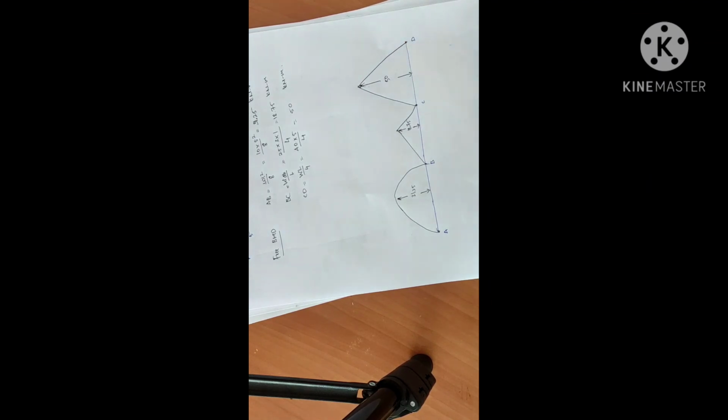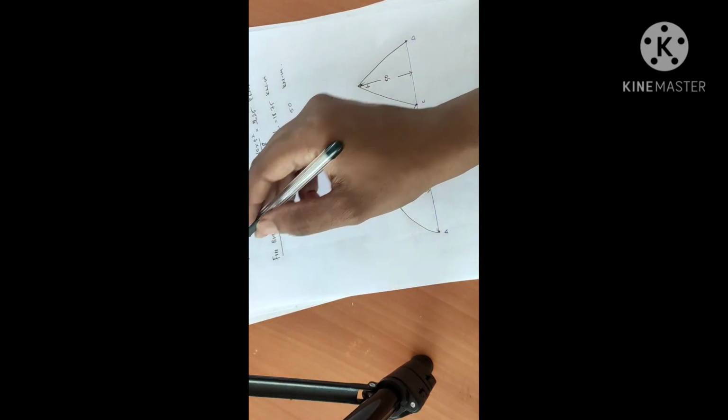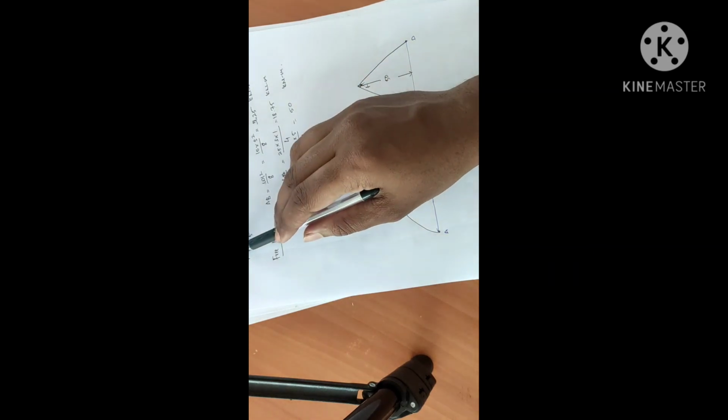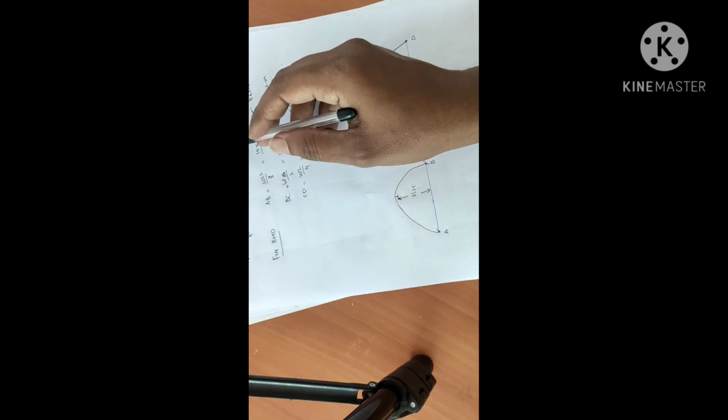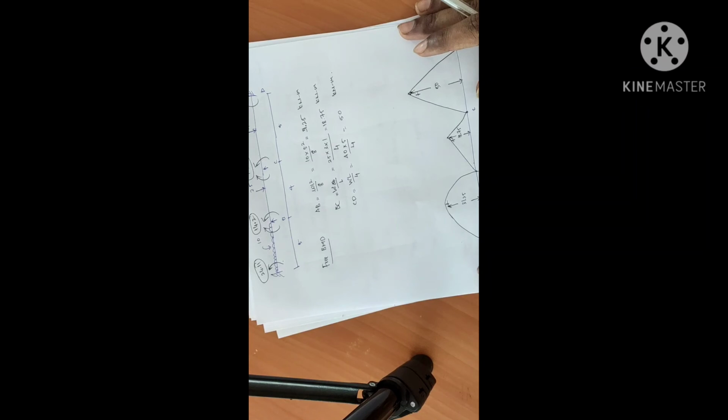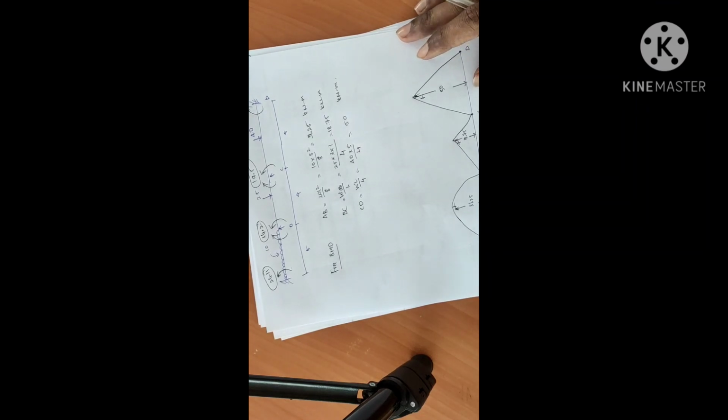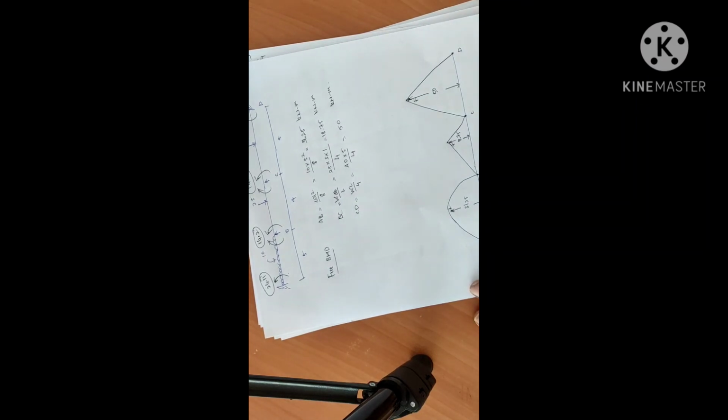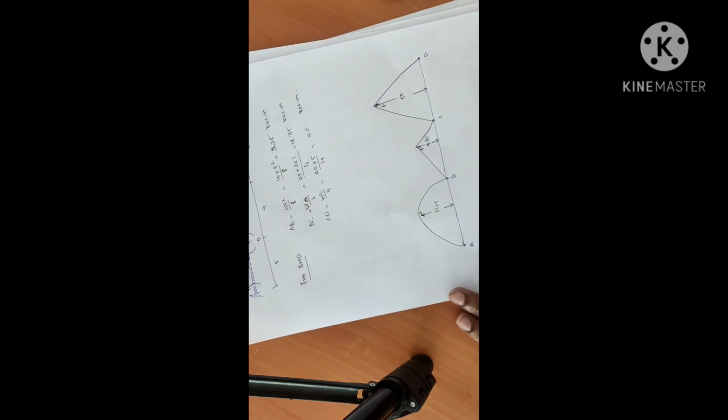Now the free BMD will always be of positive nature, because it will produce a sagging effect, so it will be positive. Now whatever moments you have got due to fixed support, the final moments like 24, 14.2, 19.5, we are going to draw exactly at the joint. For joint A it will be 24, around here.